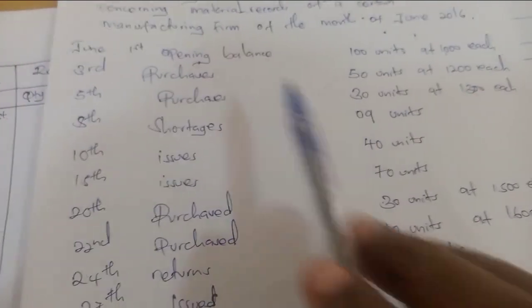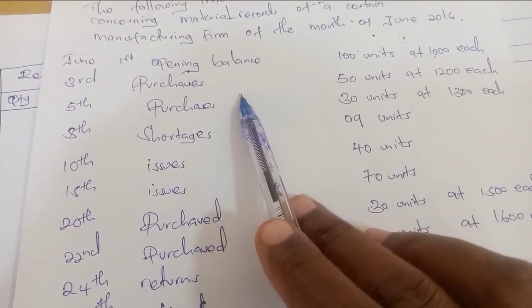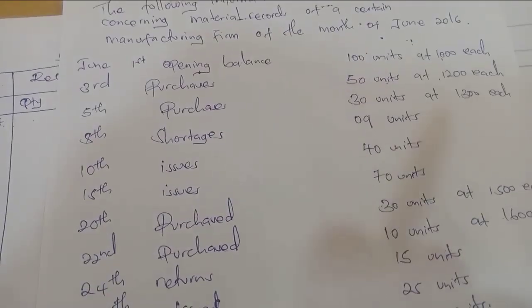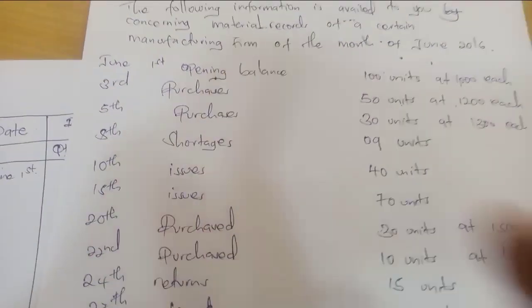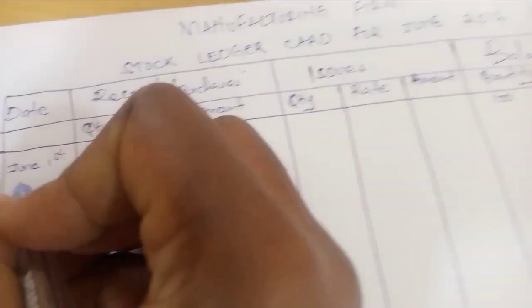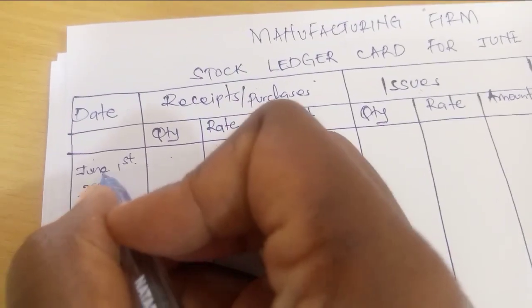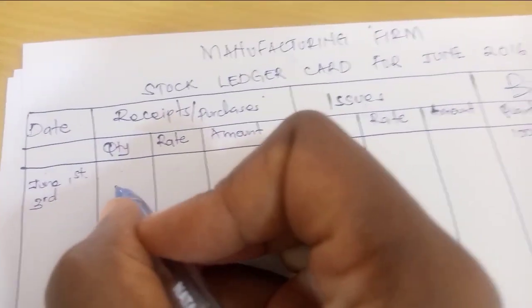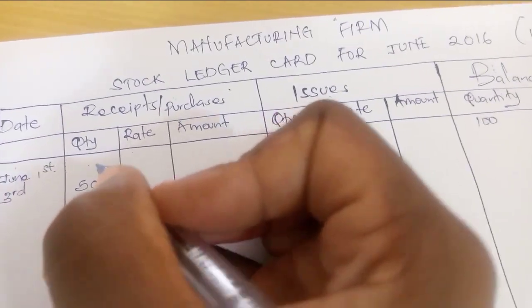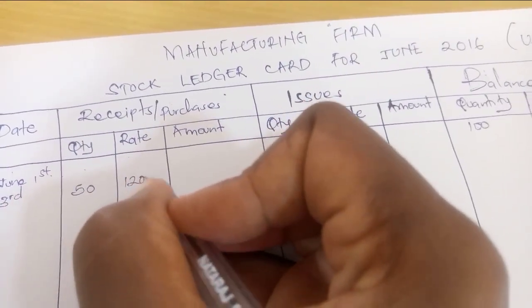Then the second one is purchases. That was a purchase of 50 units at 1,200 each on 3rd of June. So we come here and write 3rd. The quantity was 50 units. The rate 1,200 each.